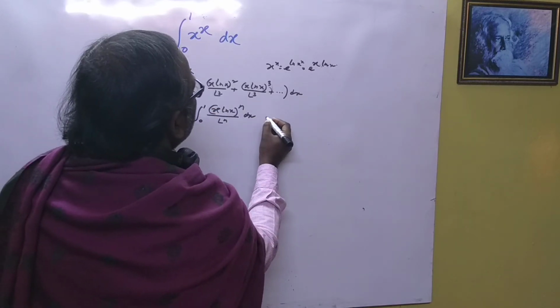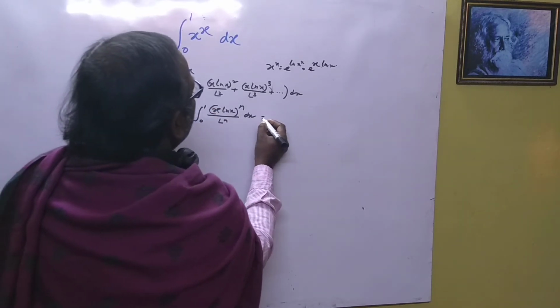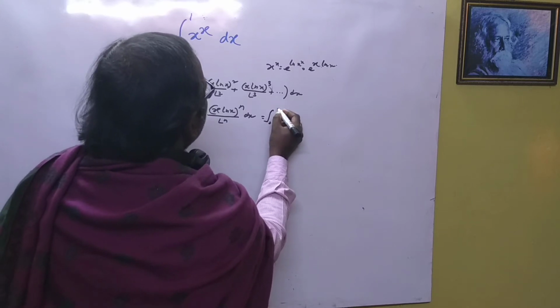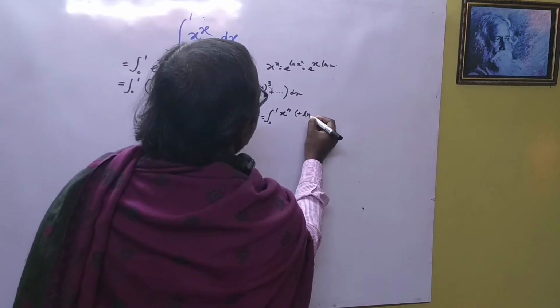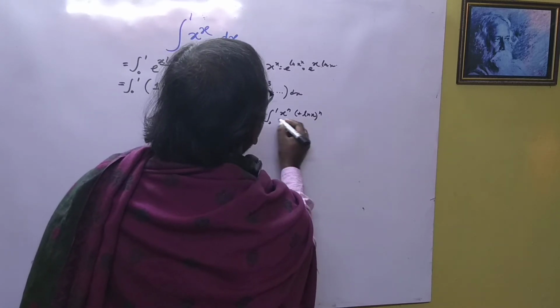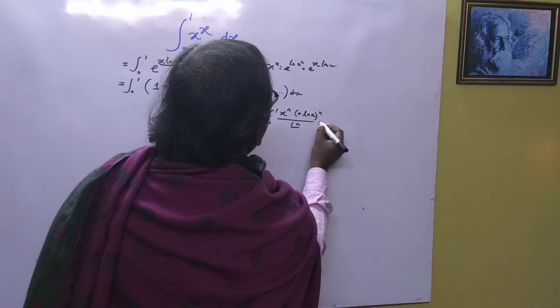Now let us assume that this is the integral from 0 to 1 of x to the power n times ln x to the power n by factorial n, dx.